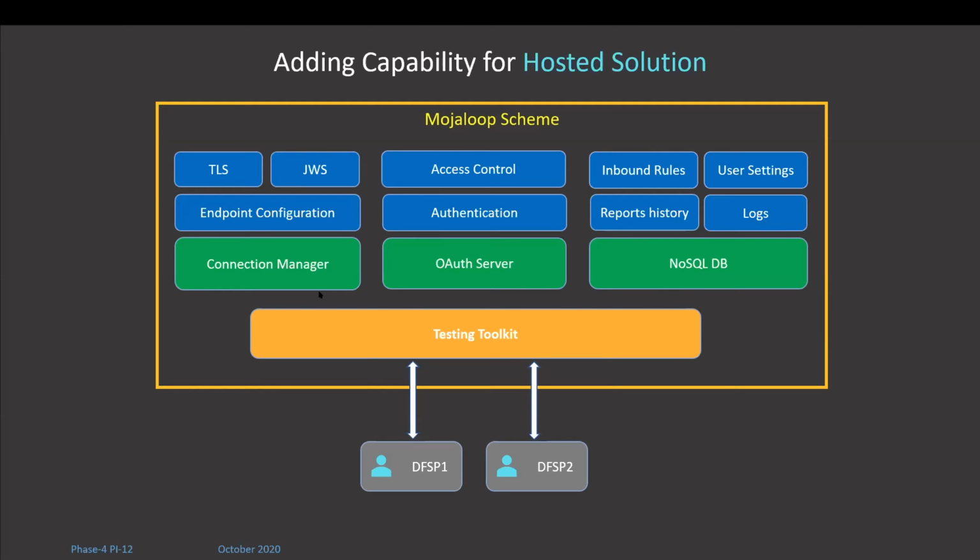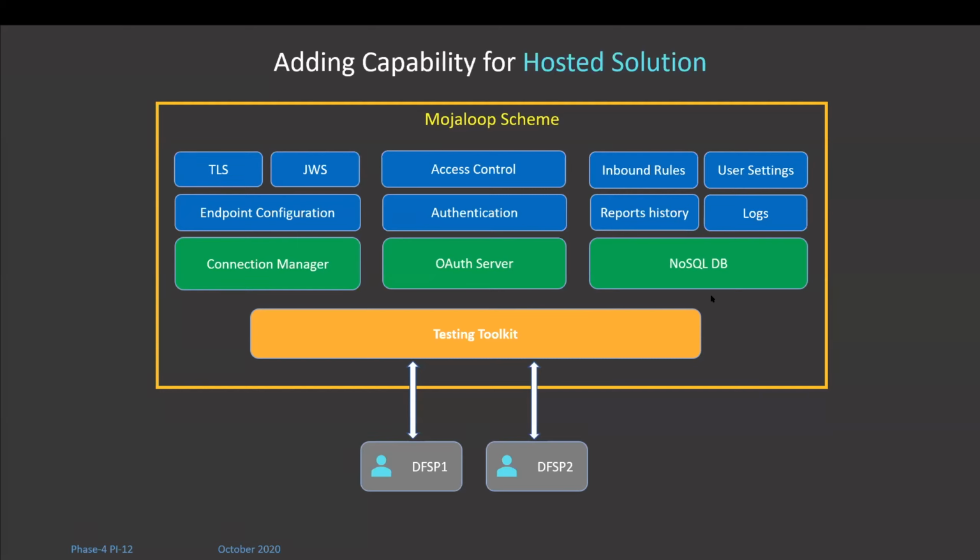And for the connection manager, we refactored the logic to make it work with the new structure in the hosted mode. We also provided a sample OAuth server, which is Keycloak, in the Helm chart. So if a scheme wants to deploy the Helm chart, they will get the Keycloak OAuth server, connection manager, MongoDB, and the testing toolkit by default.